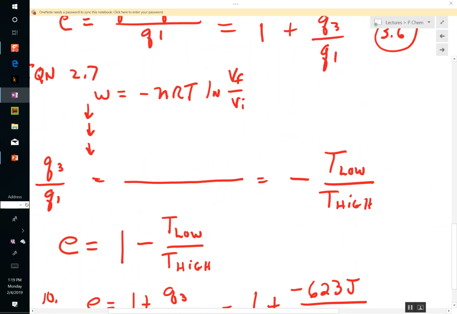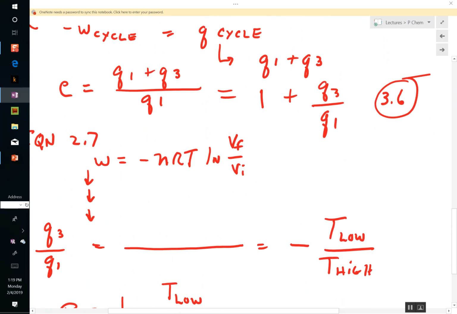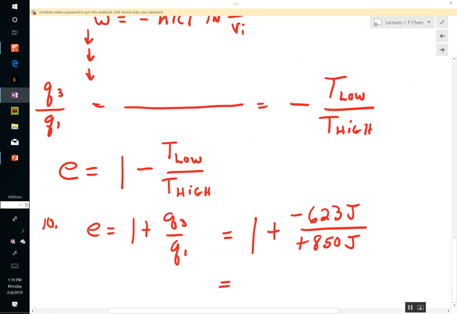Oh, okay. So here's how the sign shifts. Efficiency is 1 plus Q3 over Q1, but Q3 over Q1 is negative T low over T high. That gives you this equation here. Liz, what equation number is that in the book? You did not give us that value. You said 3.6 is Q3 over Q1 plus Q3 over Q1, but you did not list 1 minus T low over T high.